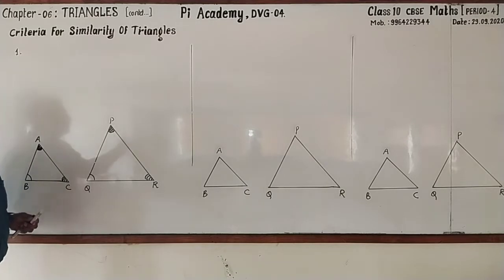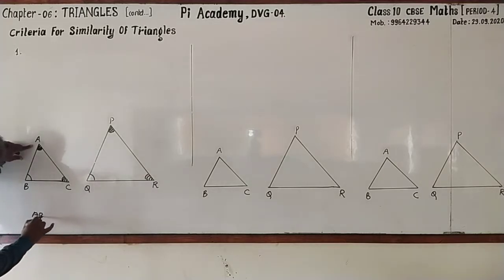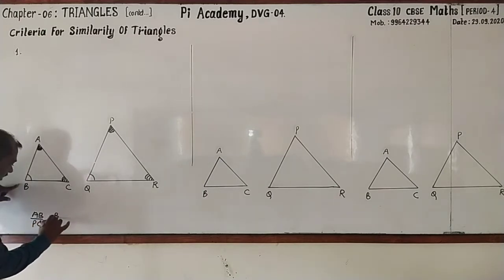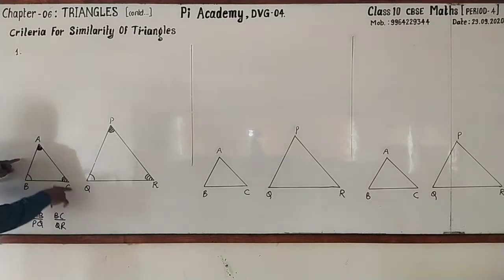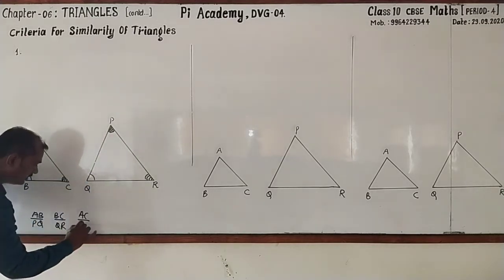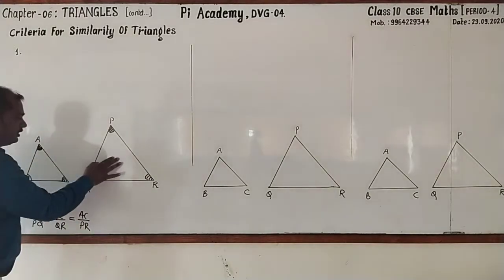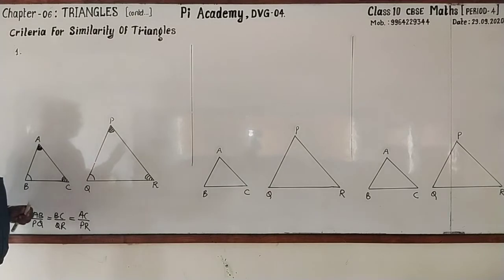If the corresponding angles are equal, then obviously the corresponding sides will be in the same ratio. That is, look here, AB by PQ, then BC, its corresponding side is QR, and AC, its corresponding side is PR. So these ratios will be equal. Hence you can say these two triangles are similar.